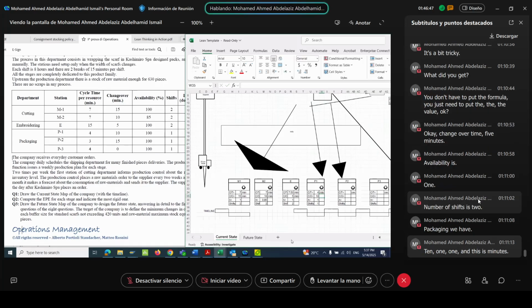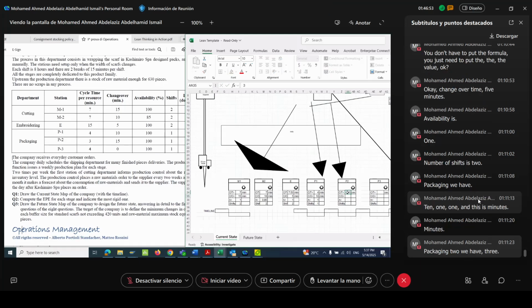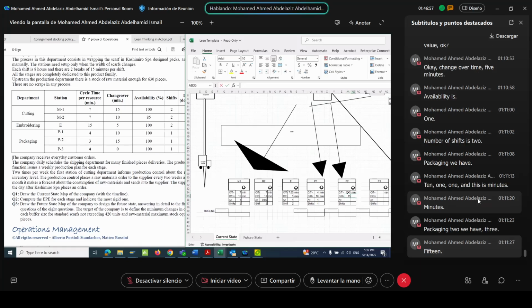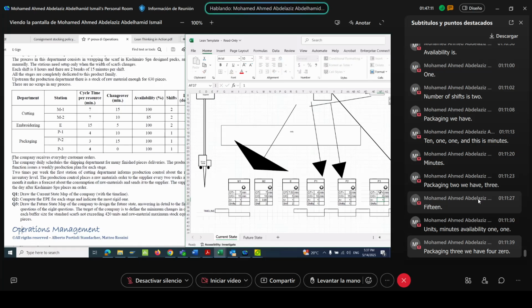Packaging 2, we have 3, 15, minutes. Availability 1, 1. Packaging 3, we have 4, 0. Availability 1, number of shifts is 1.